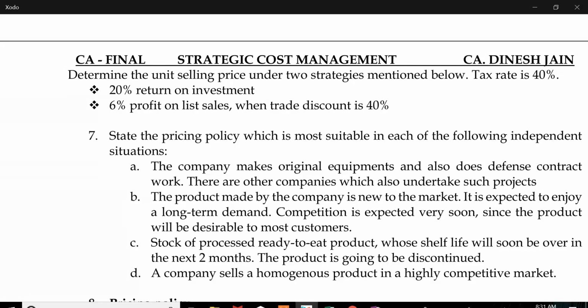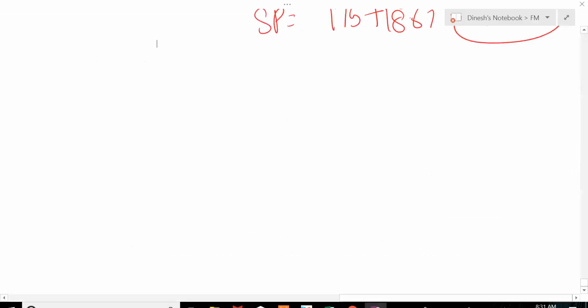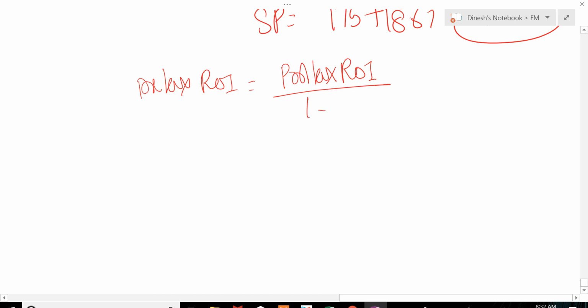Next, pre-tax ROI is equal to post-tax ROI divided by 1 minus tax rate.